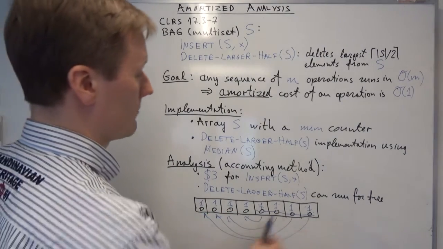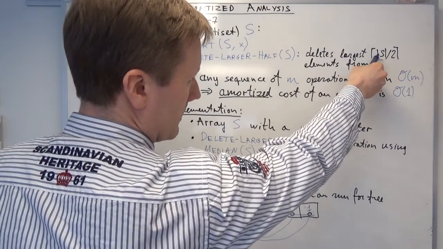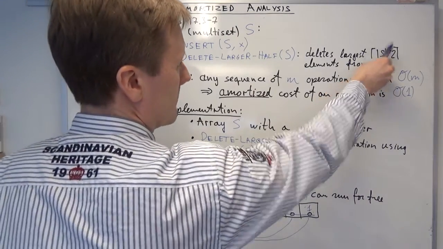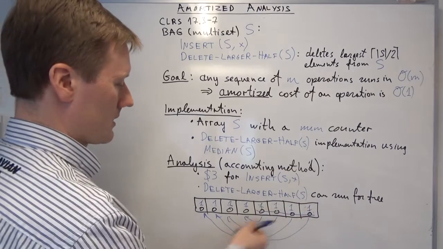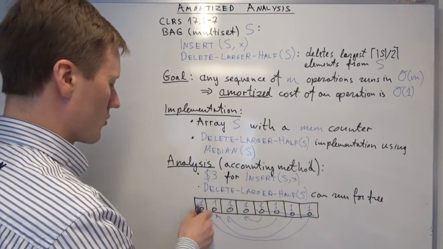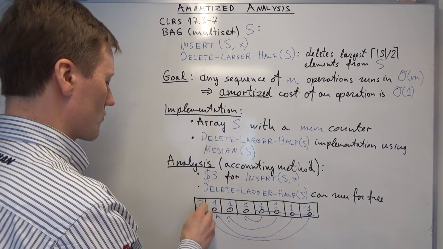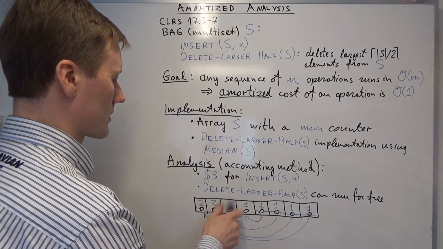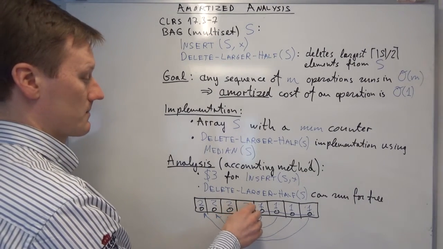Because we are removing half of the elements, possibly exactly the same number as remains in the array, or maybe one element more than remains, there will be enough dollars in the removed elements so that every one of the remaining elements receives one additional dollar, and we have again $2 in the accounts of all of these remaining elements.